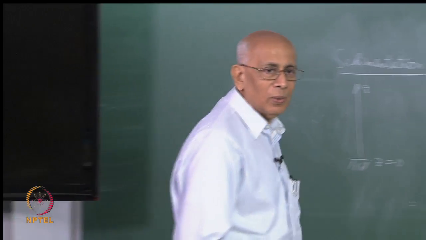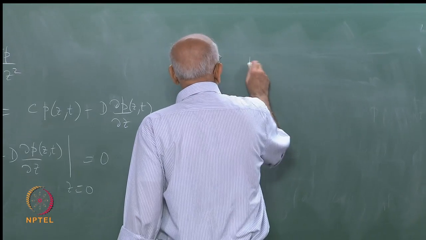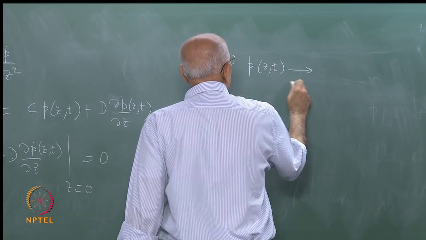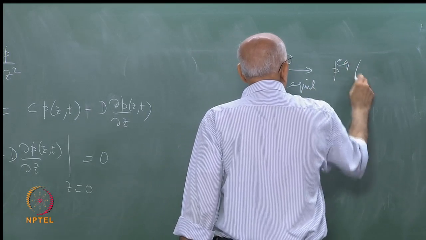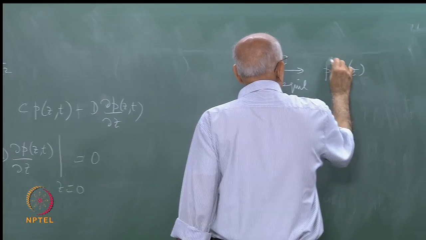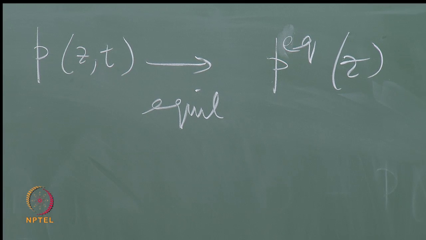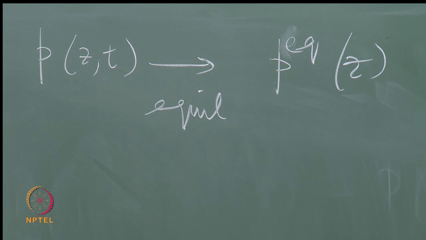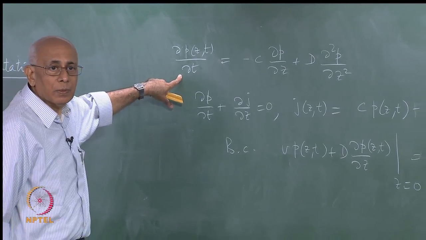And this is something we know already, because remember that in thermal equilibrium p(z,t) tends to p equilibrium as a function of z alone. The distribution does not change with time because it is in thermal equilibrium. We want the final asymptotic distribution. That means this term is 0. This term is 0.